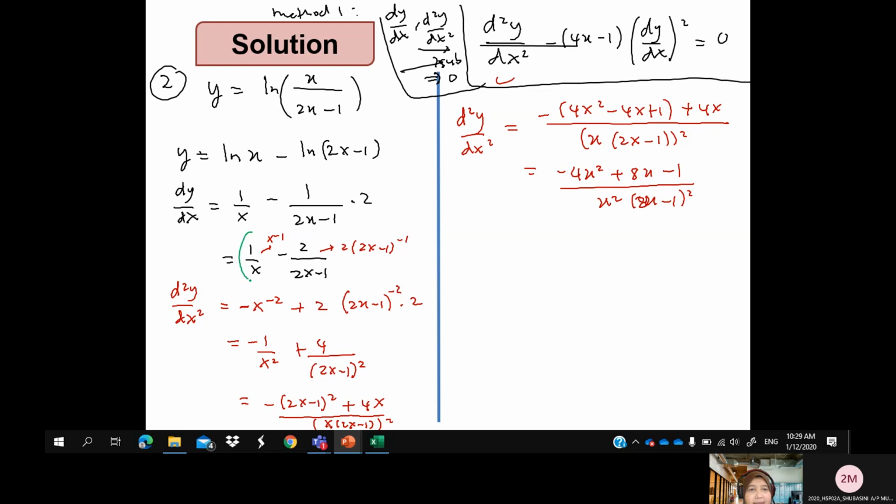Where is this? Not enough space. From this one, how? Where should I write this? This: 2x minus 1 minus 2x. Did I make a silly mistake? 2x minus 1, cancel, get negative 1. Better to do this one first. Better to differentiate this one. dy dx, this one is quite tough.